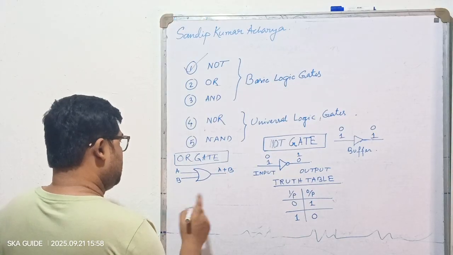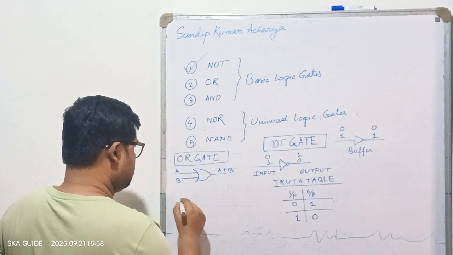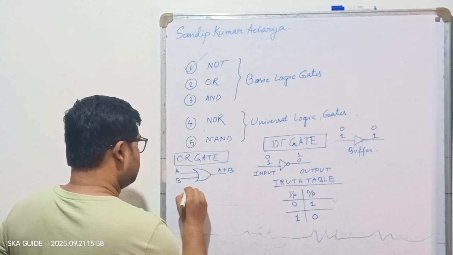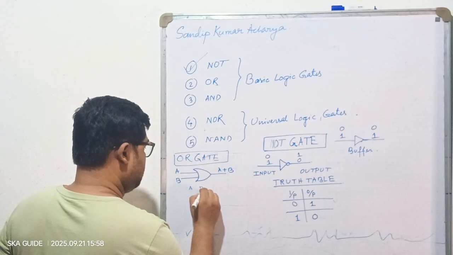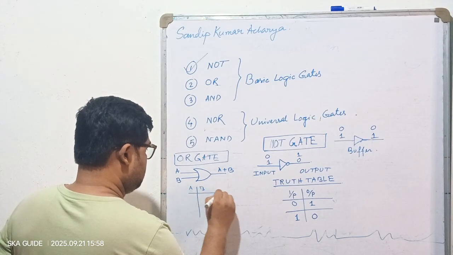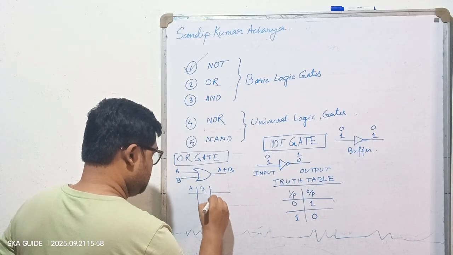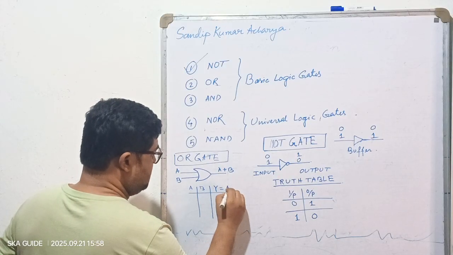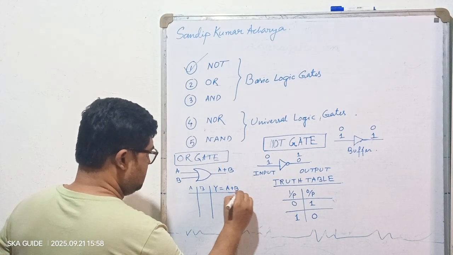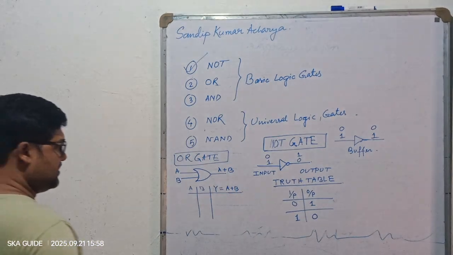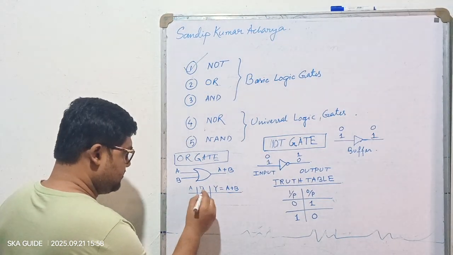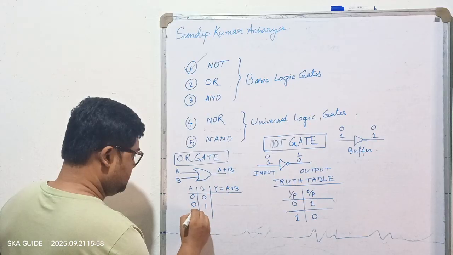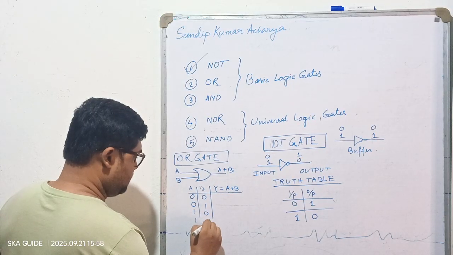Now what will be the truth table for OR gate? Truth table for OR gate has A and B as the input, and there will be output. Suppose Y is the output, Y equals A plus B. Now we can have four combinations with these two bits, that is 0 0, 0 1, 1 0, 1 1.